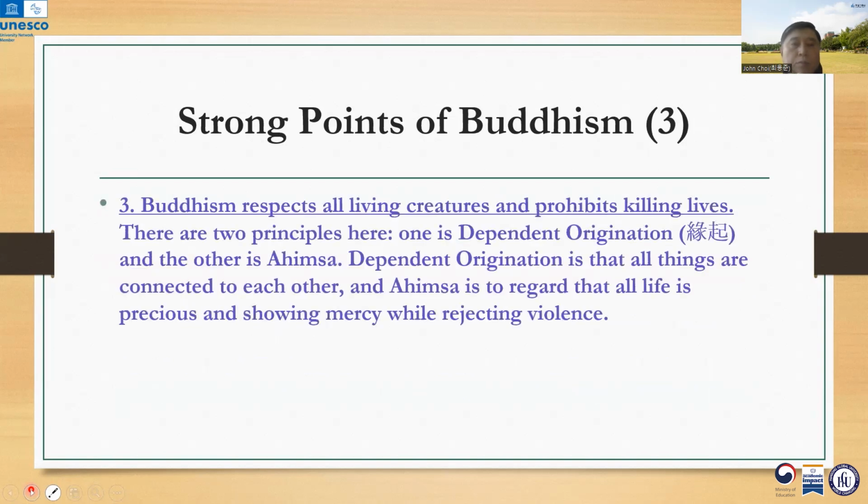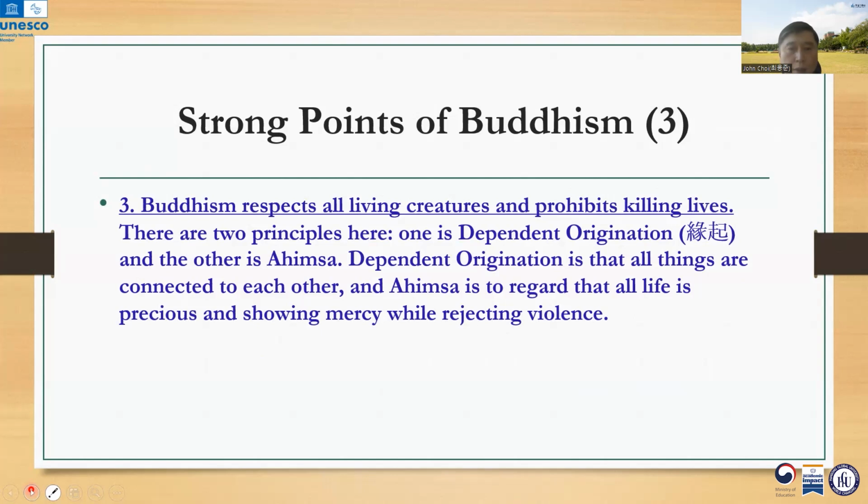Number 3, Buddhism respects all living creatures and prohibits killing lives. There are two principles here. One is dependent origination. We call it in Korean 연기.